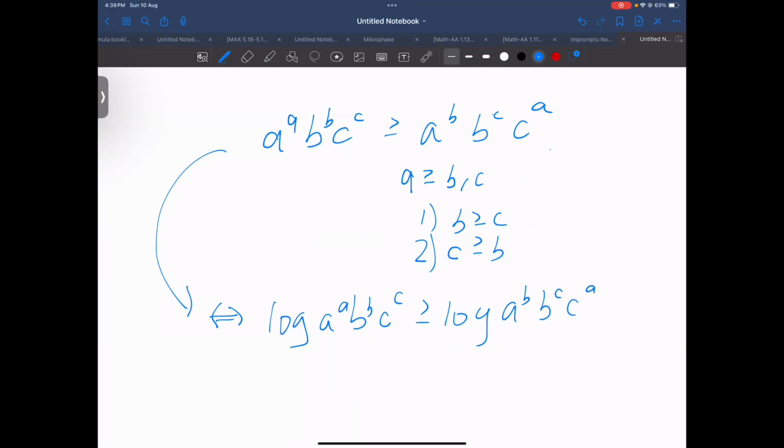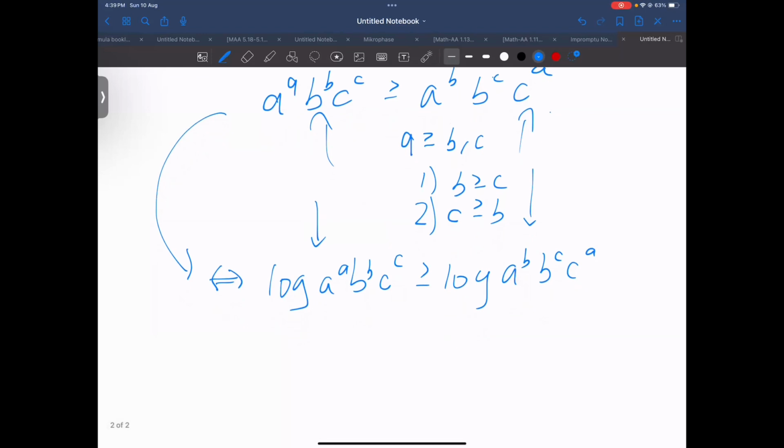And this is true because log is an increasing function. So if one is bigger than the other, then the output of the log function will also be greater than the other output.